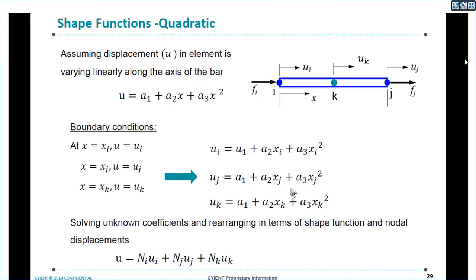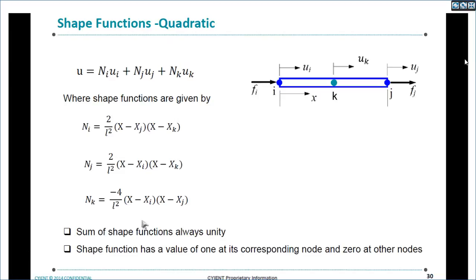When you put everything in terms of shape functions, the shape functions look like this: Ni is 2 by L squared (x minus xj)(x minus xk), Nj is 2 by L squared (x minus xi)(x minus xk), and Nk is minus 4 by L squared (x minus xi)(x minus xj).